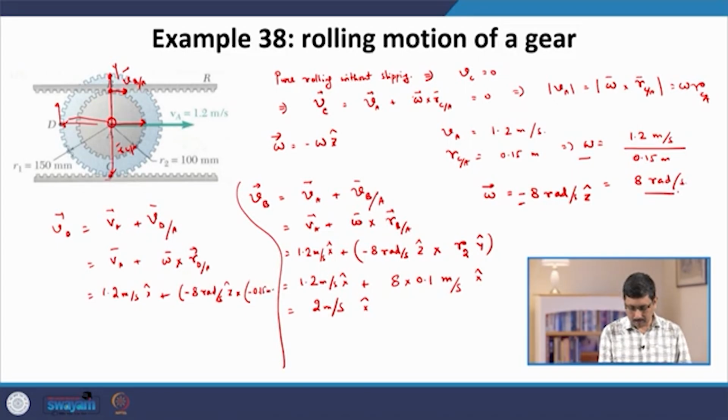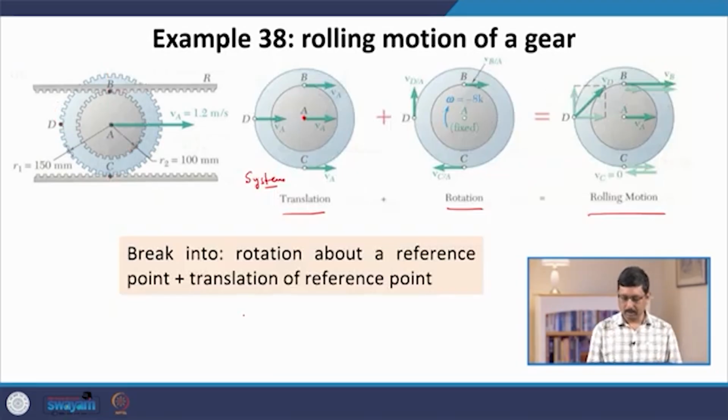So, this is 1.2 meter per second x hat plus 1.2 meter per second y hat. You can see that the net velocity in the lab frame of point D will be in this direction.